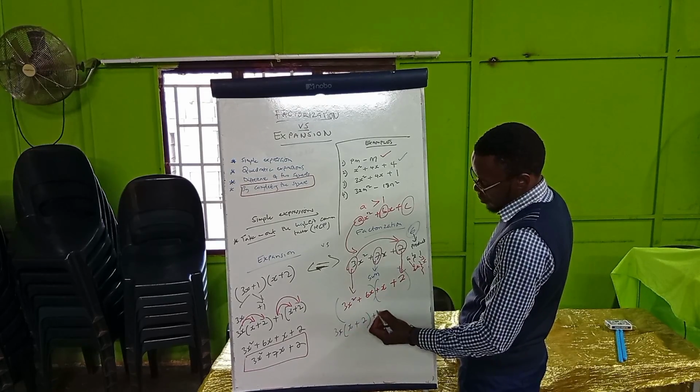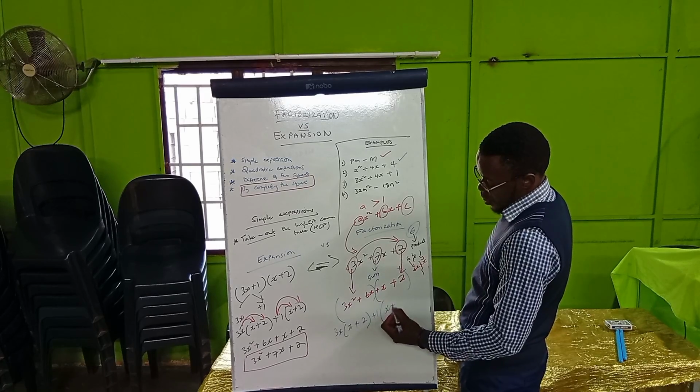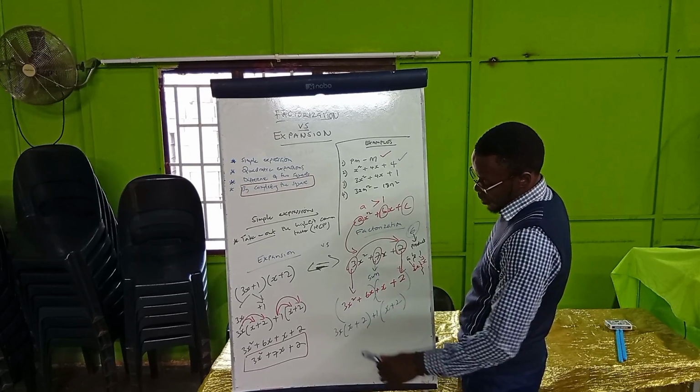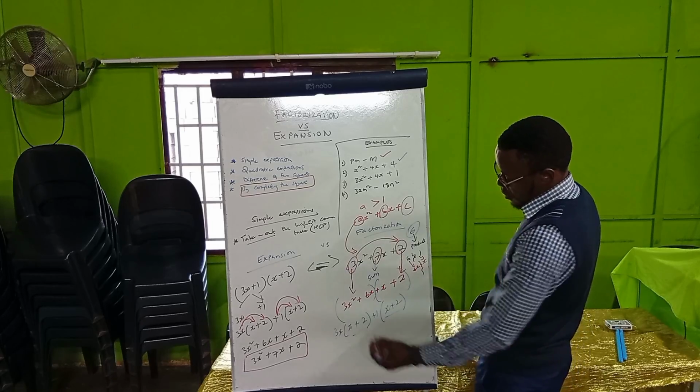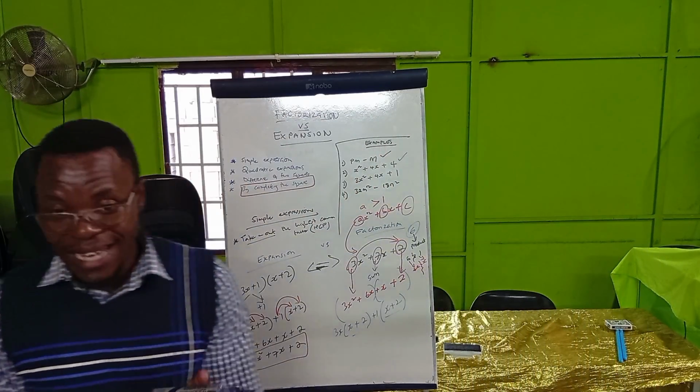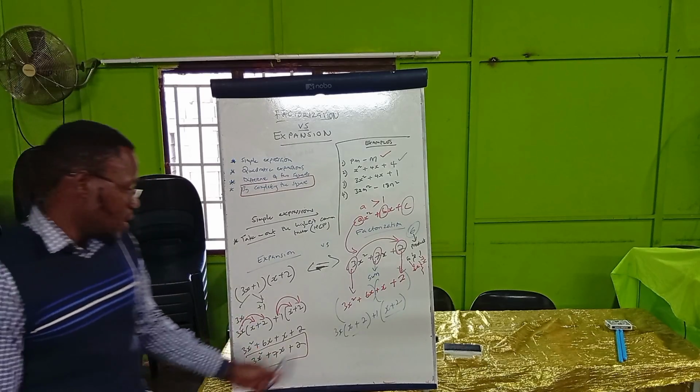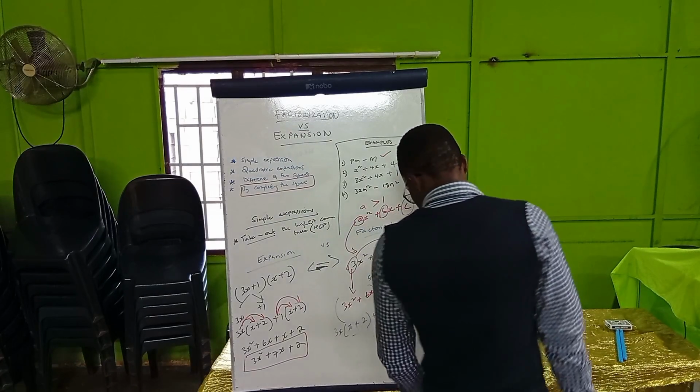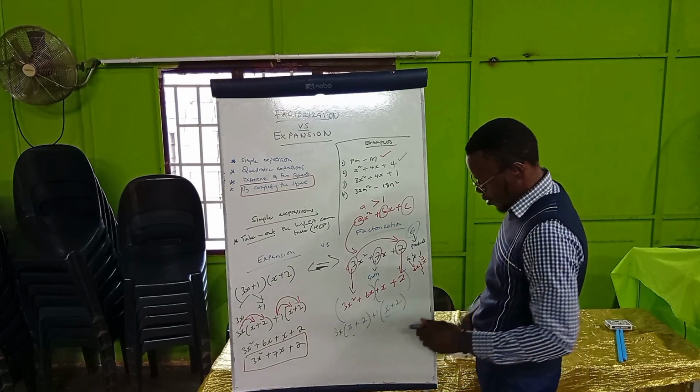Then remember, when you're factorizing a quadratic, the values that are in the brackets should be exactly the same. So you've got 3x(x plus 2) plus 1(x plus 2).